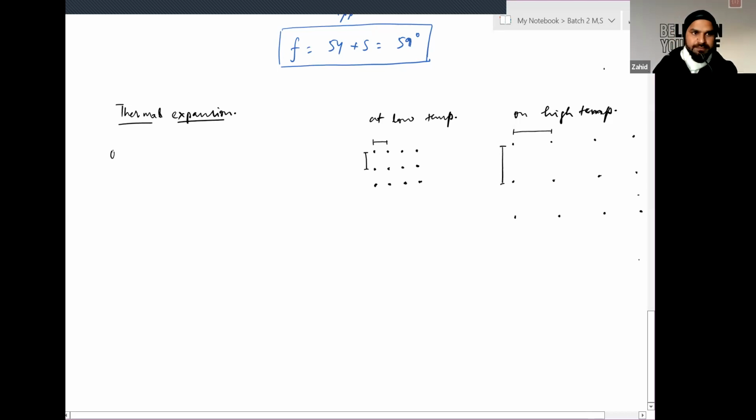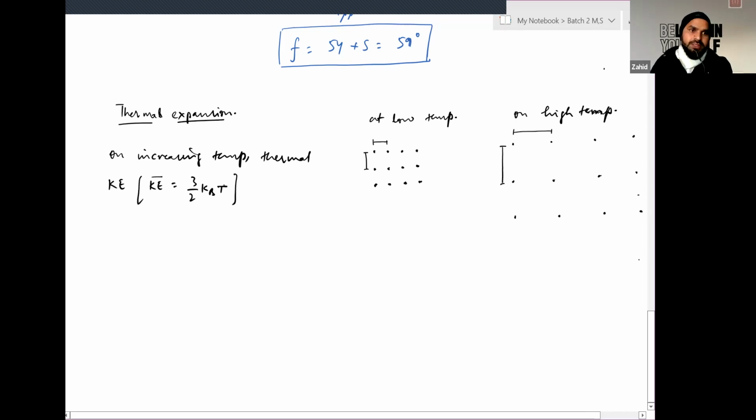So we can say on increasing temperature, the thermal kinetic energy, which is related as kinetic energy equals 3 by 2 kBT, where kB is a constant and T is the temperature.